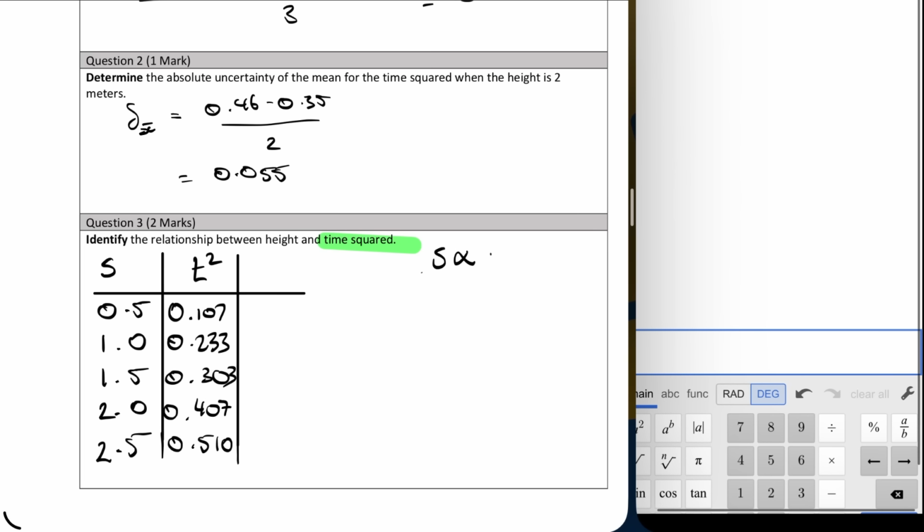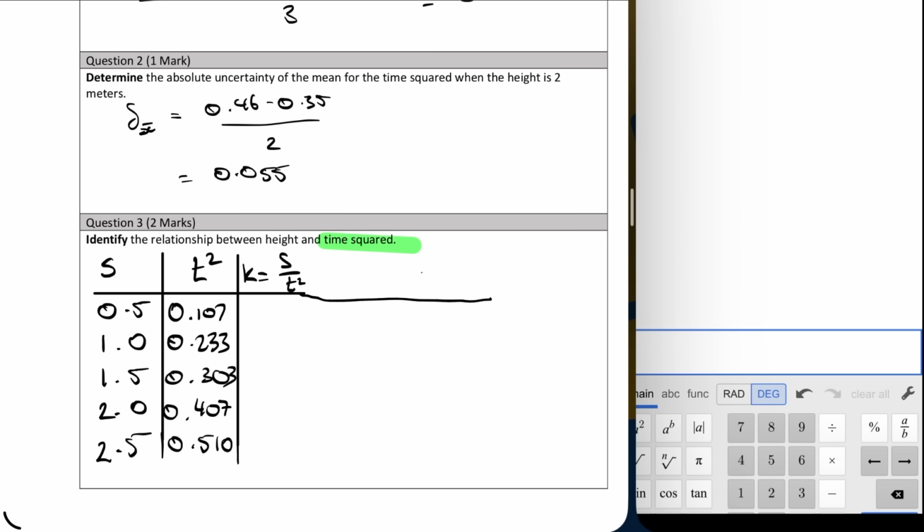So if s is proportional to t squared, which is our dependent variable, we could say that s is equal to k t squared, or s over t squared is some constant. I'm going to take that as my first column here: k is equal to s on t squared.